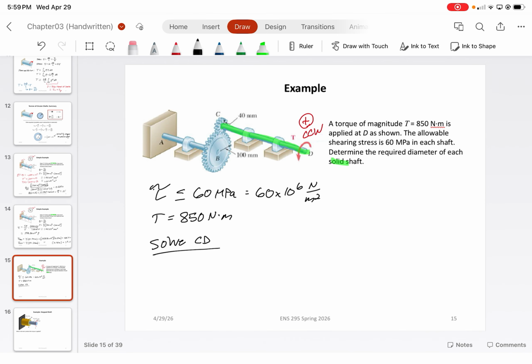All right, so we just use the equation tau is equal to T rho over J. But in this case, what is our rho that we're trying to solve for? Where does the maximum shear stress occur?